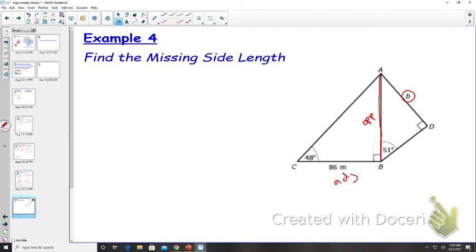Okay, so for triangle ABC, this is the opposite, right? Does 96 sound right for the opposite? Yeah, that sounds about right, because that's what I got. When you are doing a two-step problem such as this, you do not round your opposite until the very end.